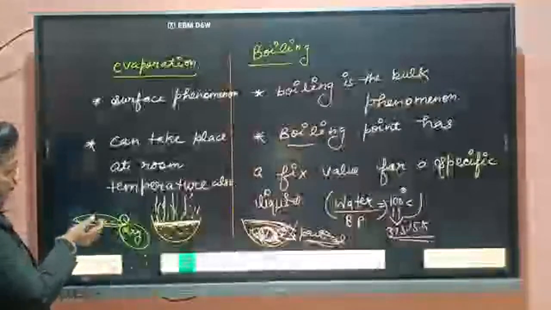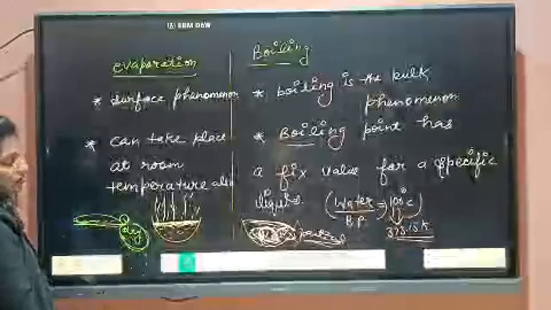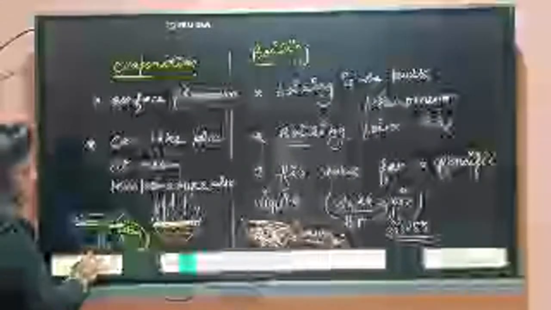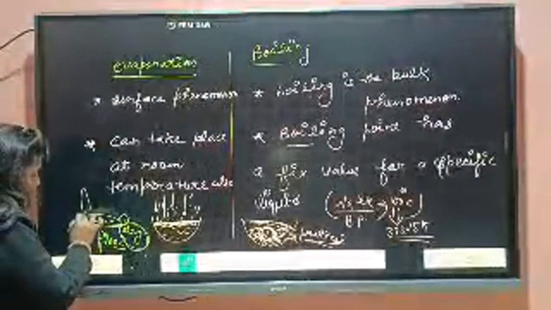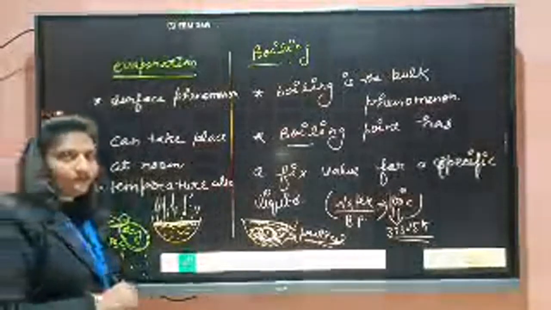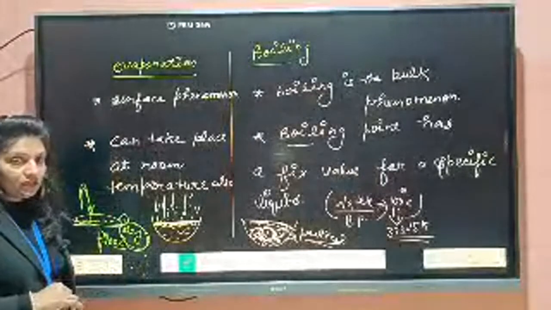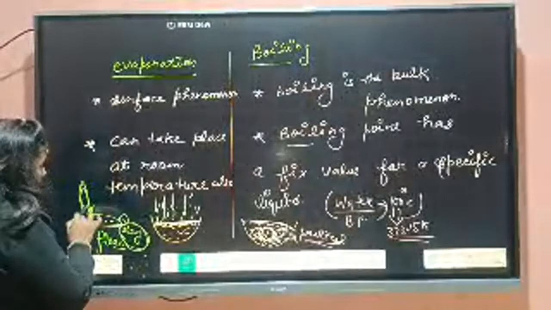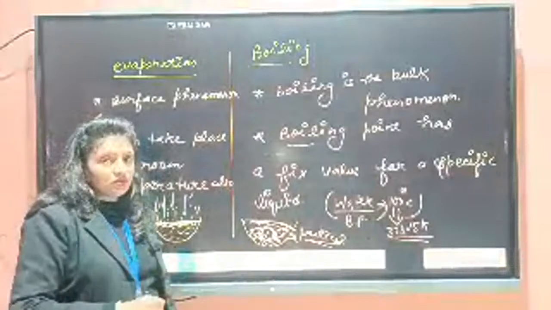When the water completely evaporates, we get the floor dry. But students, can this water boil at room temperature? I hope you know it cannot boil. So we can say the evaporation process can take place at room temperature also.